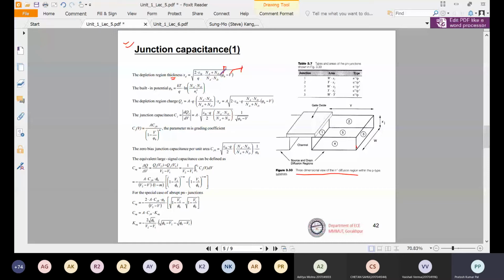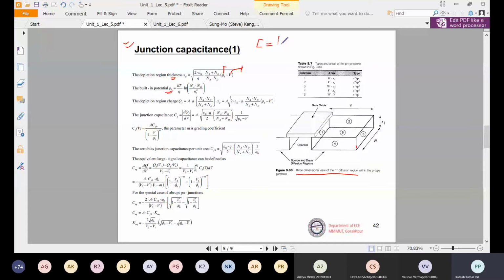To analyze the capacitance, we need to find out the charge. In each region we will find the charge. Once we have found the charge, capacitance will be given by charge divided by, sorry, not area, charge divided by the voltage.